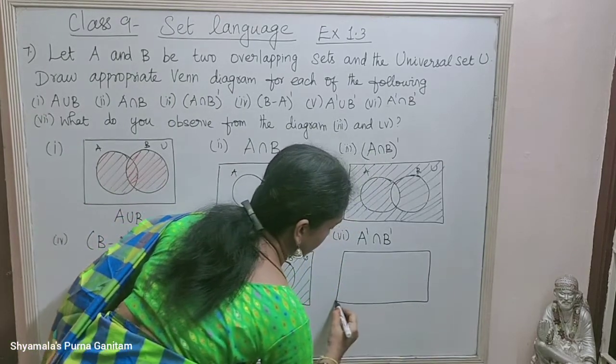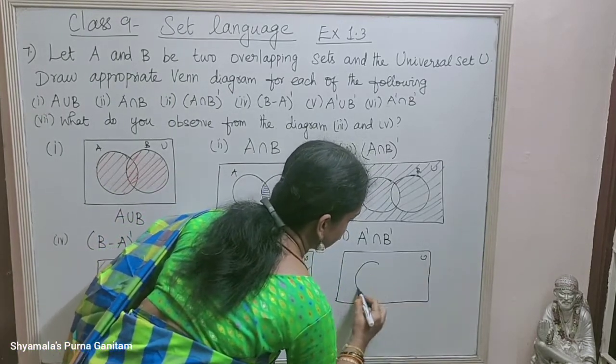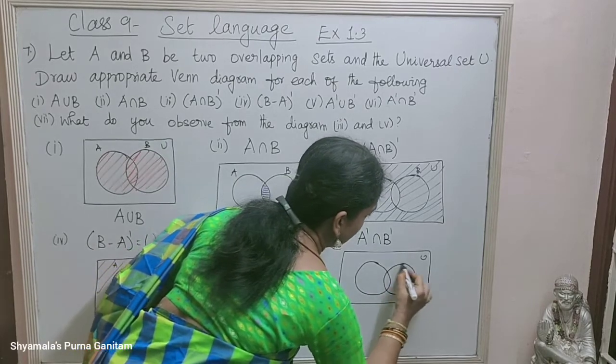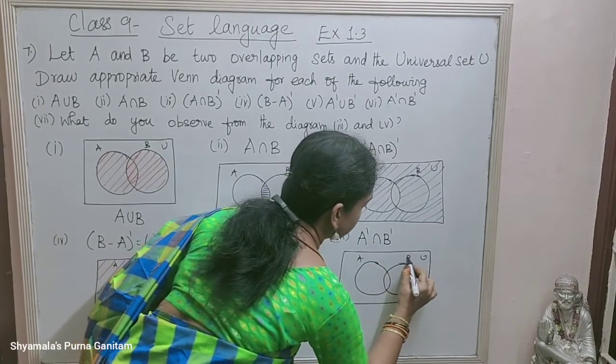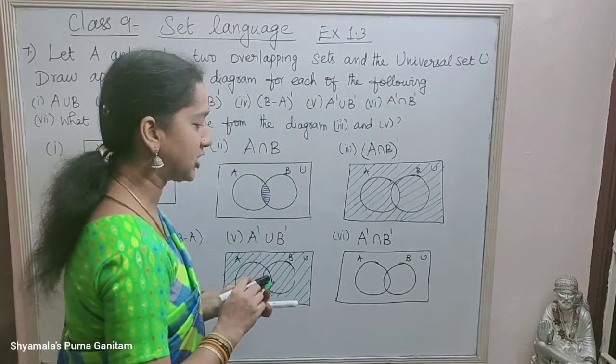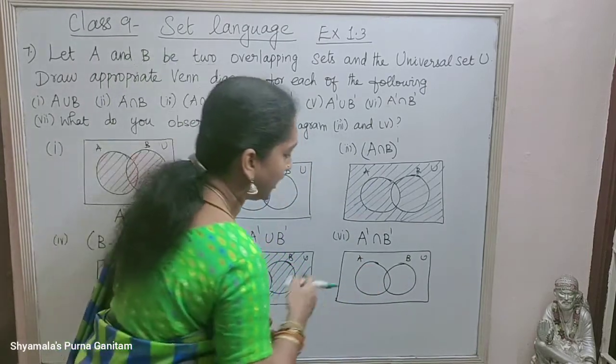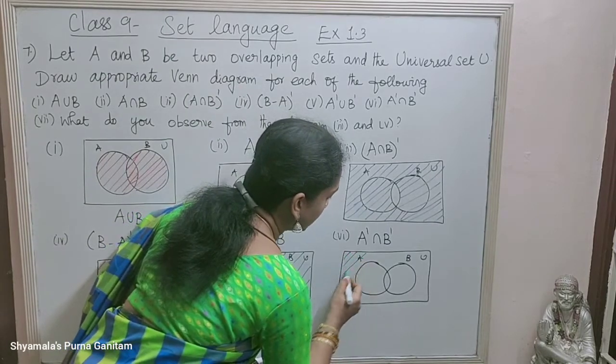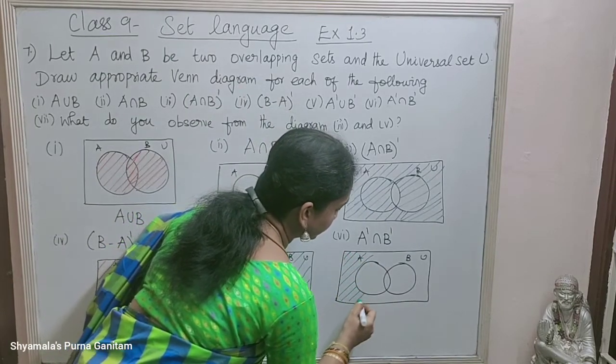So universal set A, B. So A dash intersection B dash will be only the universal set.